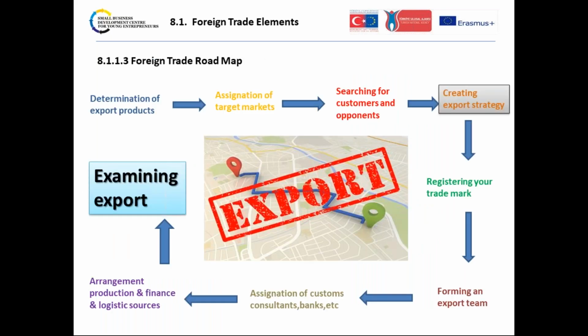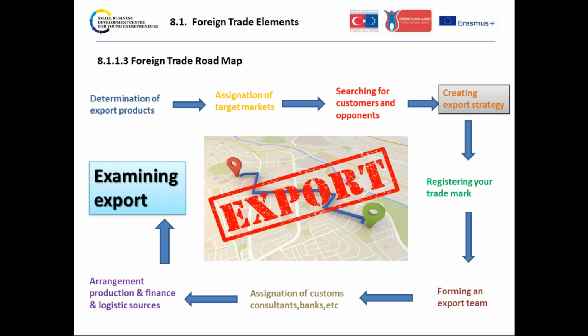Okay, let's continue with another title. Let's create an export map. This scene is telling you how to be an exporter from the start to the beginning. So first of all, a company needs to determine which products they can export. Let's say you are producing tea, coffee, and some other beverages.